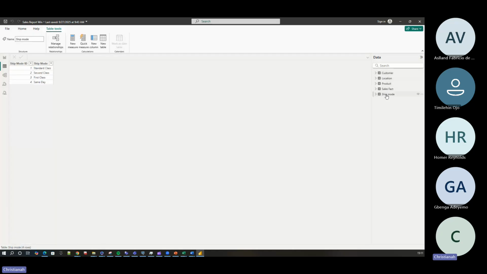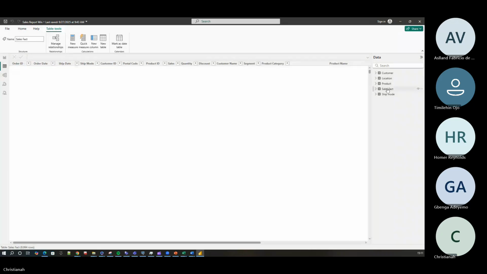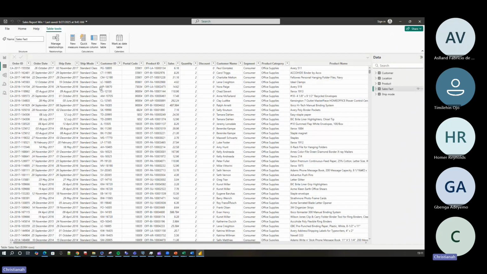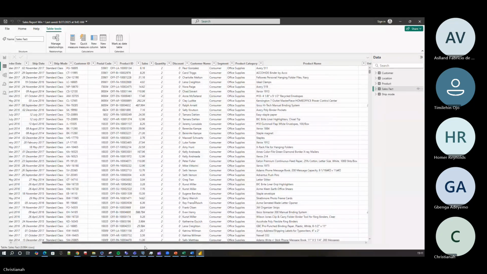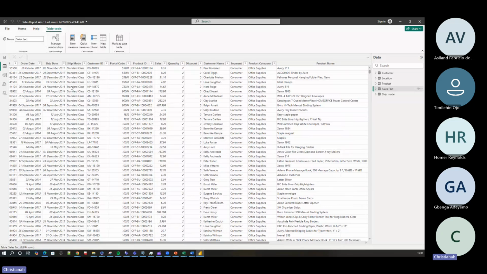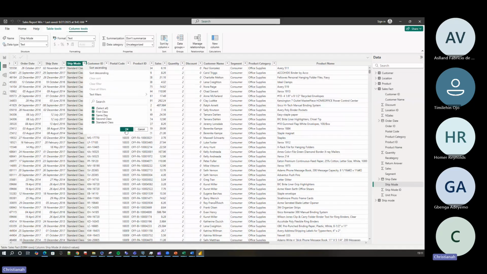Now, this is the ship mode. We can see that we have just four ship modes: standard class, second class, first class, and same day. If you go to the ship mode in the sales facts table, you will see that we have many of these ship modes; the transactional occurrence of that ship mode is multiple.